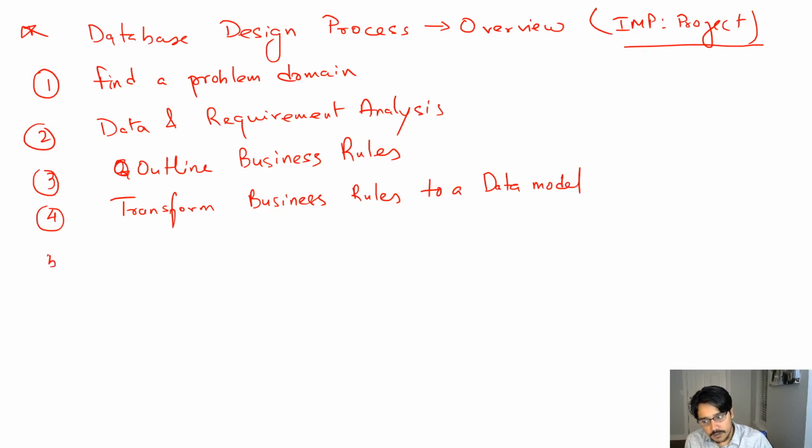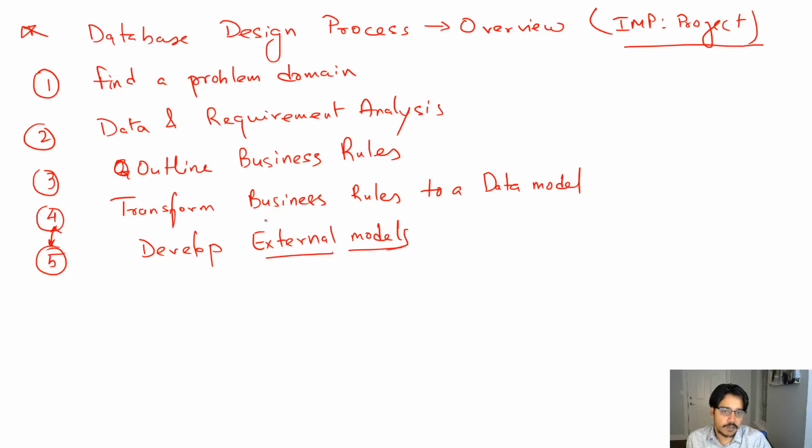And thereafter, you have to develop external models. So this is kind of together, step 4 and 5, because when you're transforming business rules to a data model, you have to identify the external models one by one from the business rules and then generate the external models by identifying which data model you have.